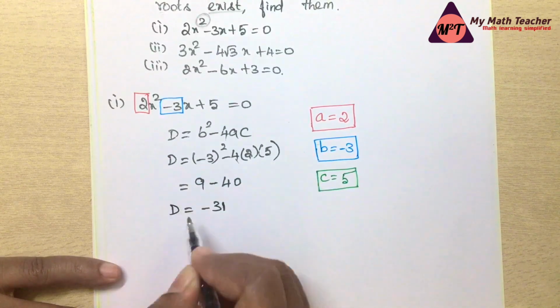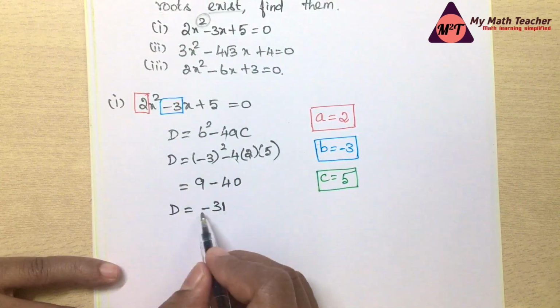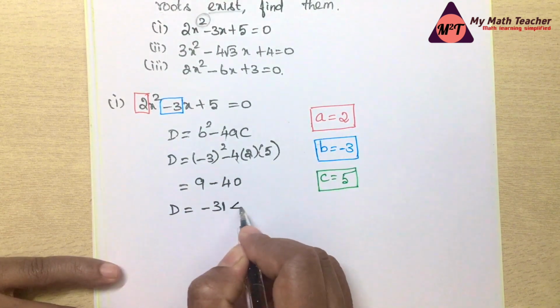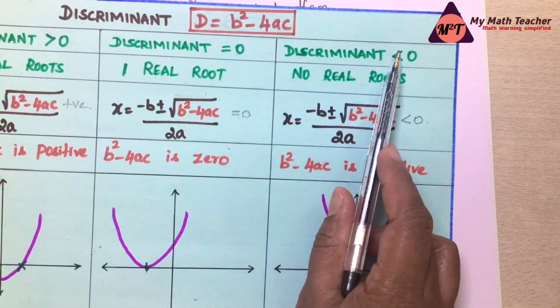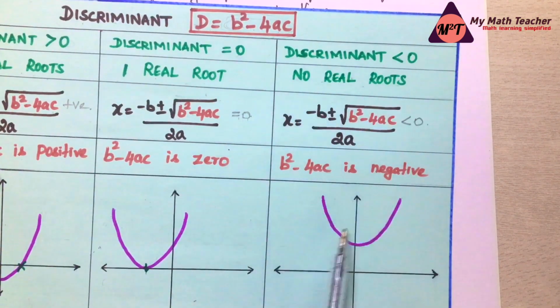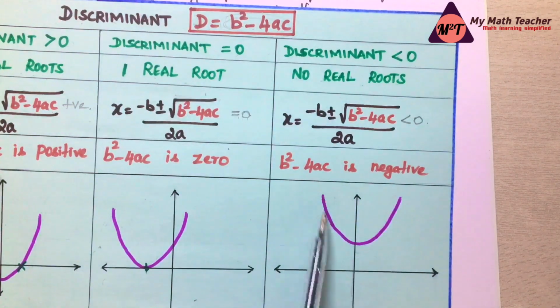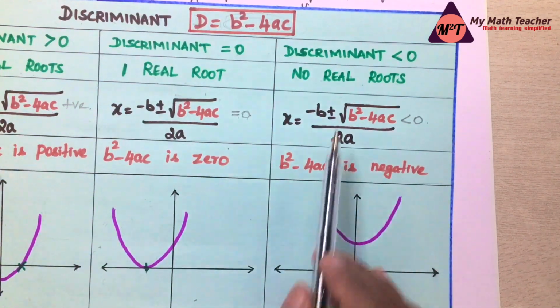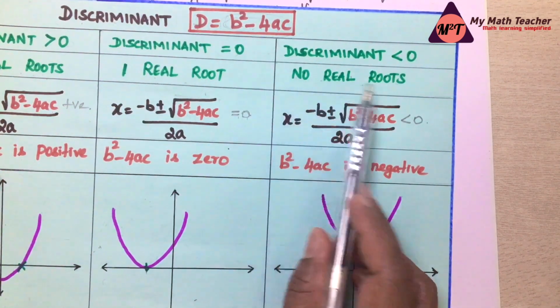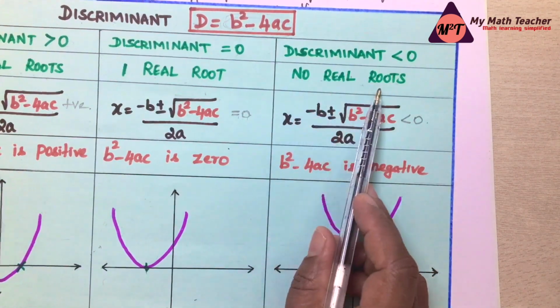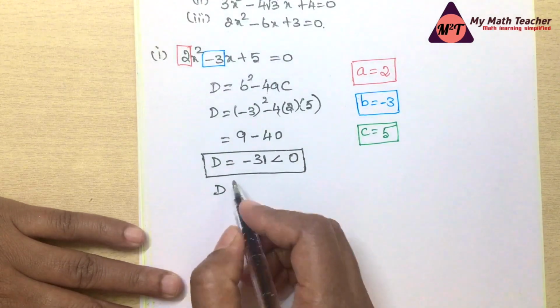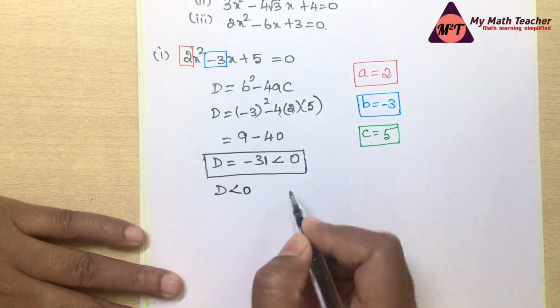Now D value is minus 31. It clearly says it is less than 0. The discriminant is less than 0, then this is the possibility. The curve will never meet the x-axis. That is, there is no real roots.